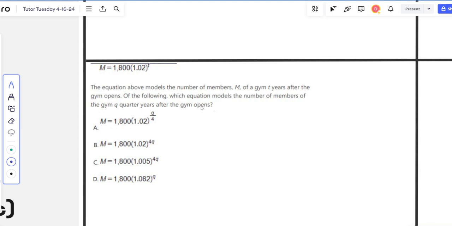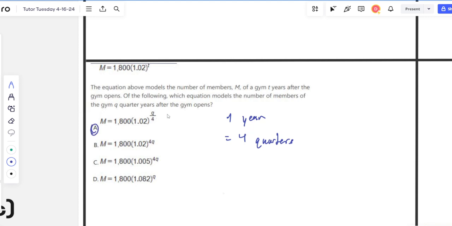So weird. But what do you guys think we should do here? Because I have a certain answer in mind. Whatever we choose, if we plug in 1 year, that should be the same thing as plugging in 4 quarters, 4 quarter years. So it should be answer choice A, right?